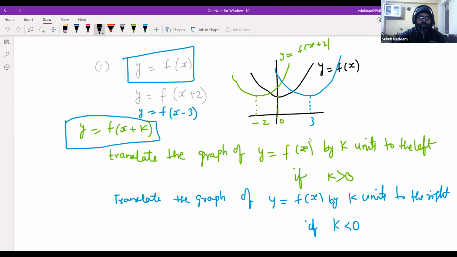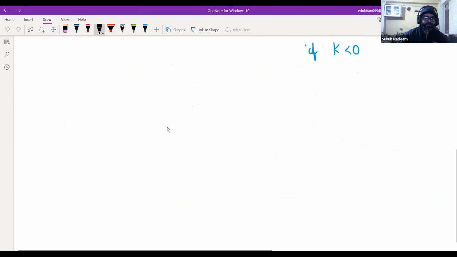Now, the second point here is, if y equals f of x is a function, and you need to find the graph of y equals f(x) plus 5, suppose. Here 5 is not added to x, but 5 is added to f of x.